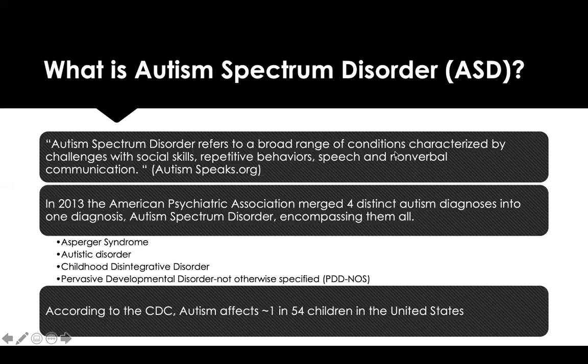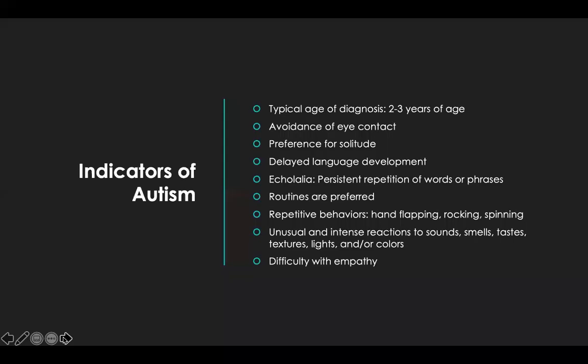So according to the CDC, autism affects approximately 1 in 54 children in the United States. Let's talk about some of the indicators of autism. So the typical age range of diagnosis is about 2 to 3 years of age. Now, it is more prevalent in males than females.